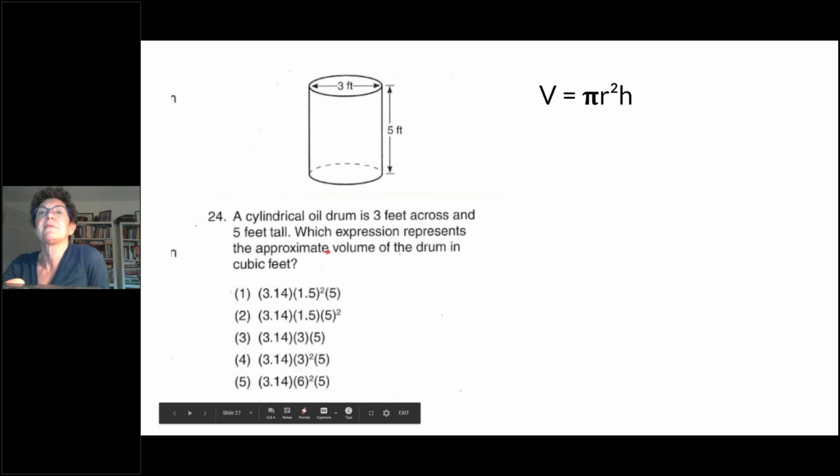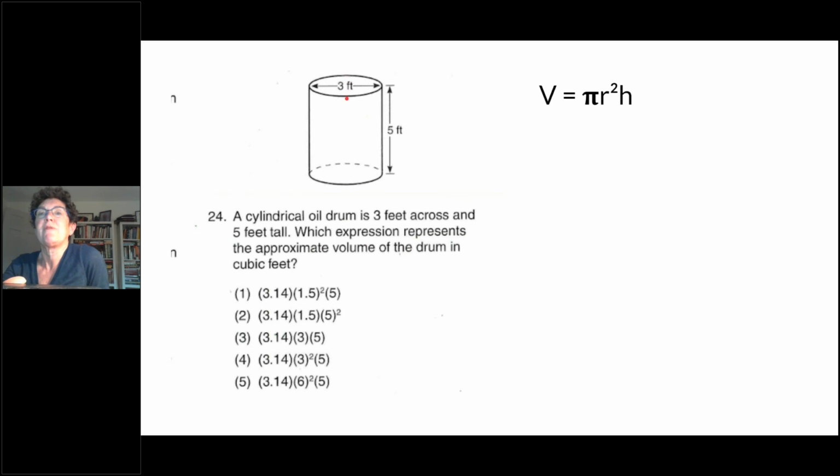What is the radius? So what measurement is this? This is the diameter, and the radius is half the diameter. So the radius should be 1.5 because half of 3 is 1.5.